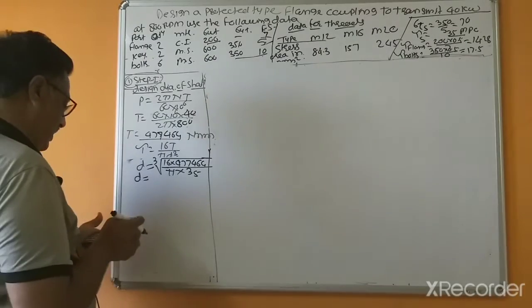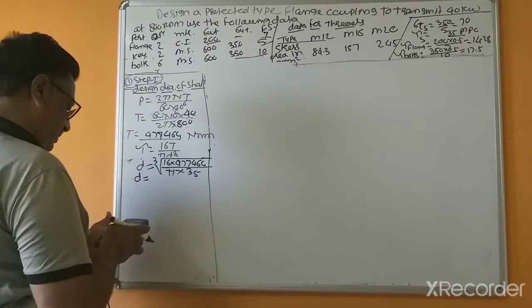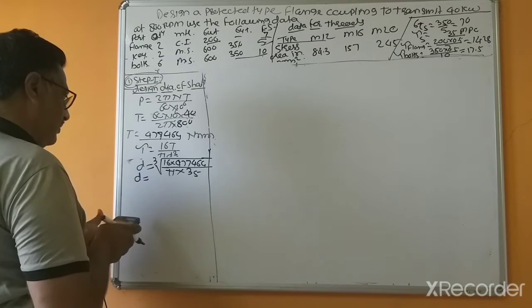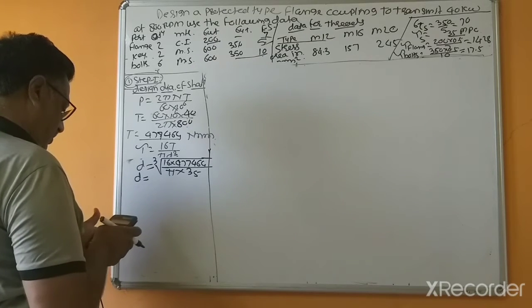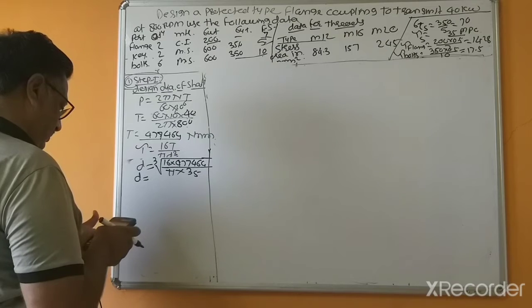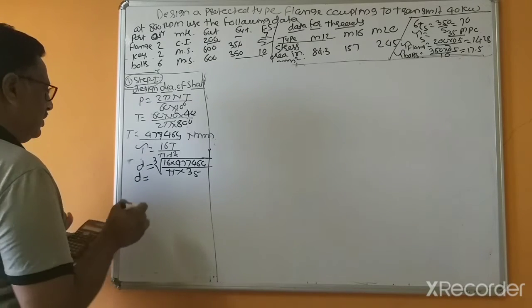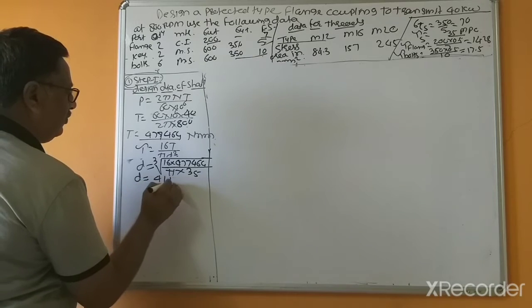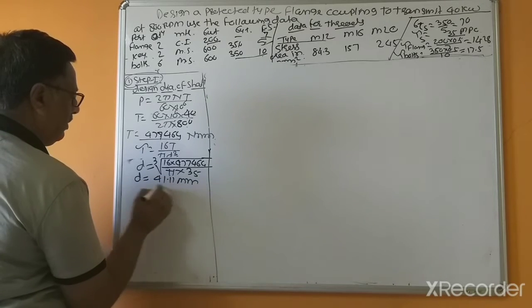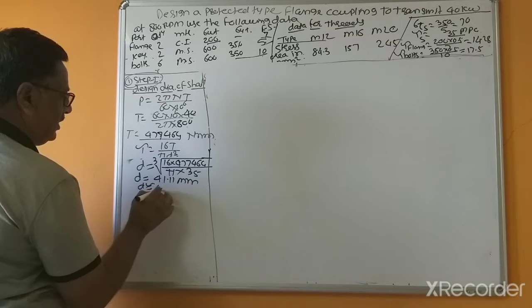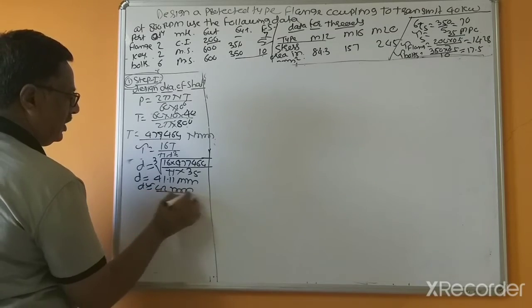D is the diameter of the shaft, multiplied by 16 and divided by pi divided by 35, and this is cube root. I got this 41.11 mm. Suppose I increase, this is 42 mm.